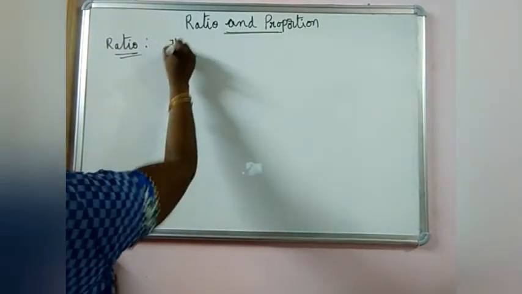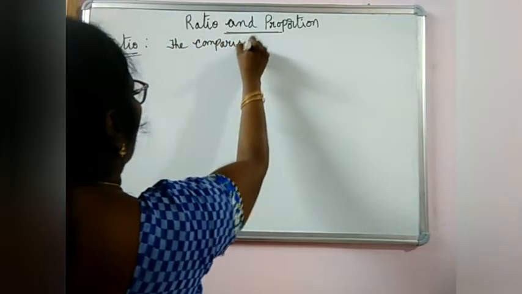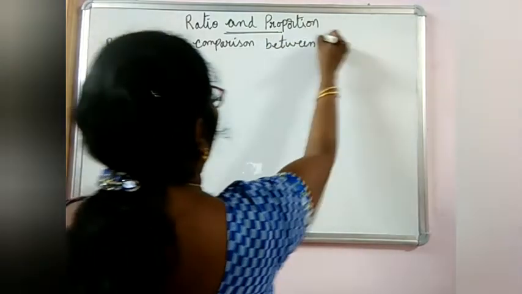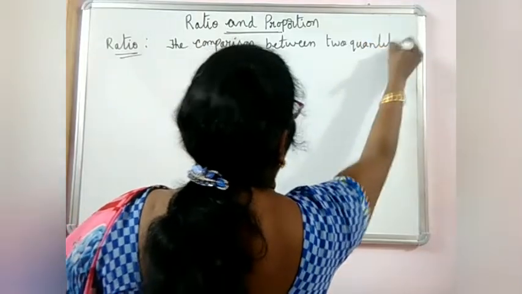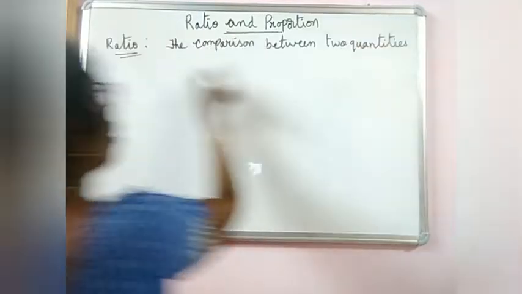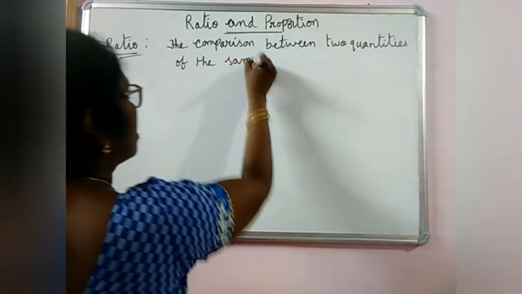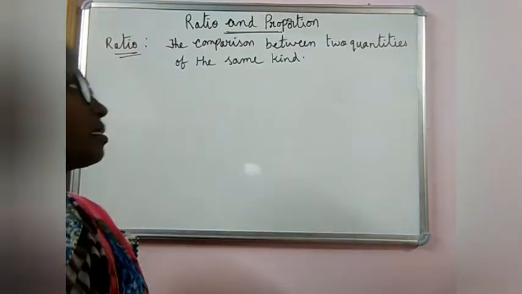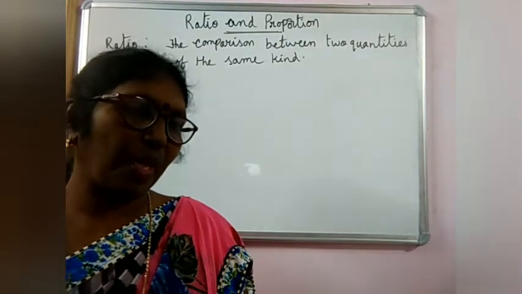What is ratio? It is the comparison between two quantities of the same kind. What is the meaning of this? Of the same kind.